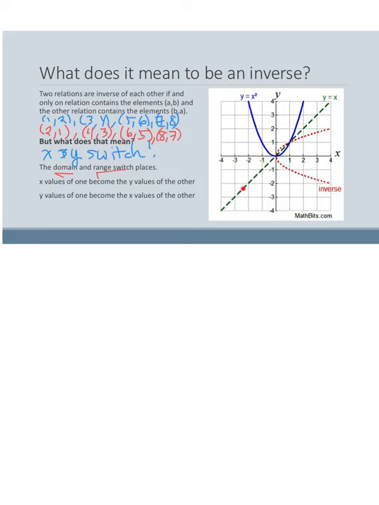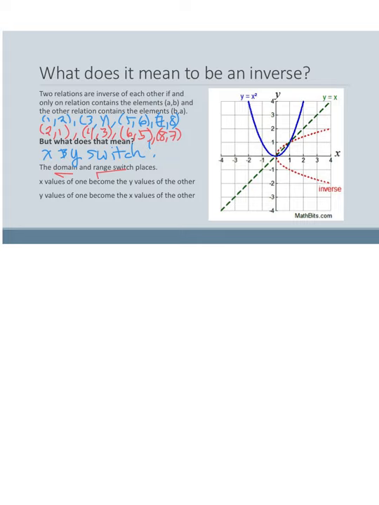This graph is reflected over the line y equals x. If I were to fold it along this line, it would end up right here. And if I apply the vertical line test here, it doesn't pass. So we have a function whose inverse is not a function.